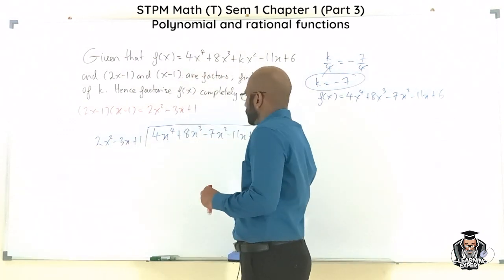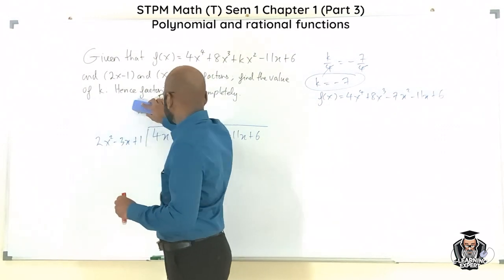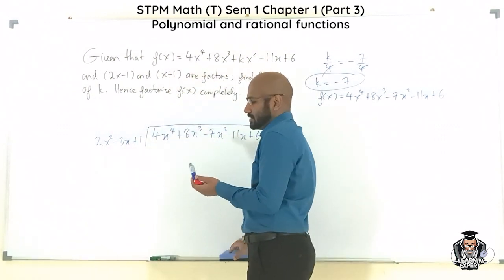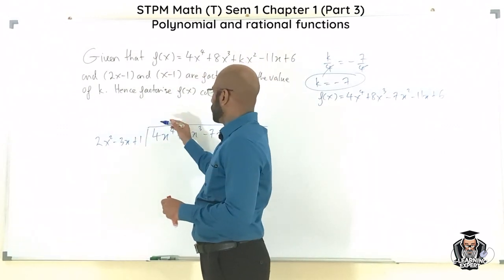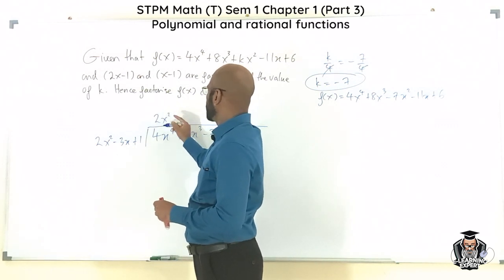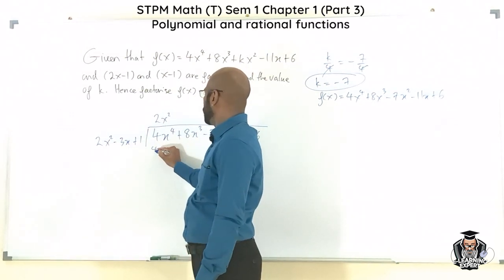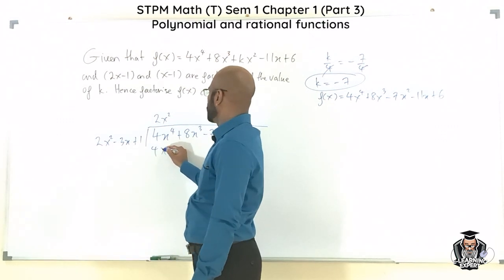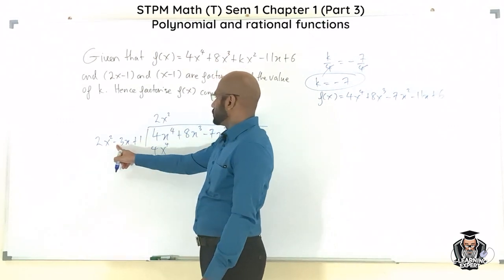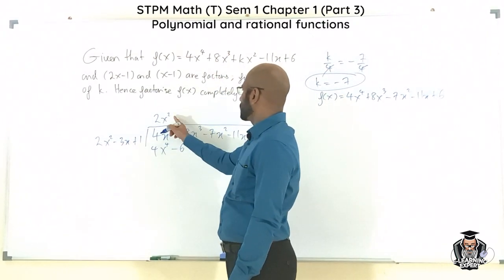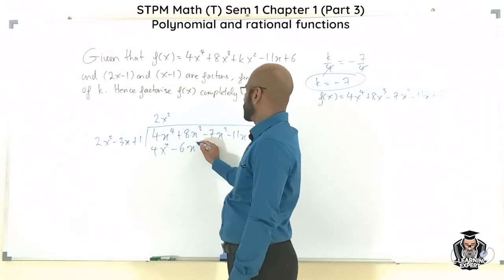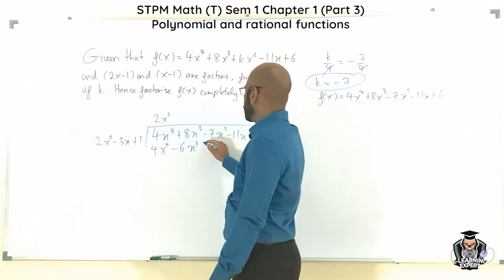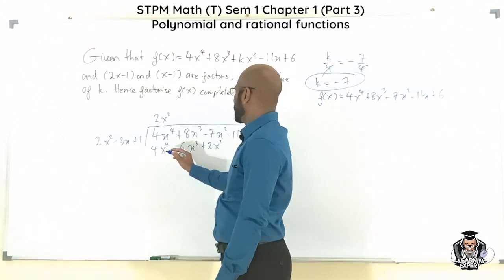I'm just going to take this off so you don't get confused, because the quotient is going to be here. Now I'm going to get a 4x power 4. I've got a 2x squared here, because 2 times 2 is a 4. X squared and x squared gives me x power 4. 2 times minus 3 is minus 6. X squared and x gives me an x cubed. 2x squared times 1 is just a positive 2x squared.